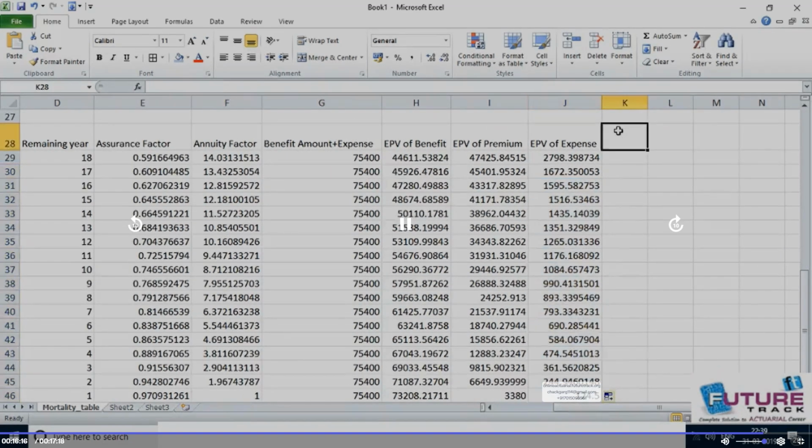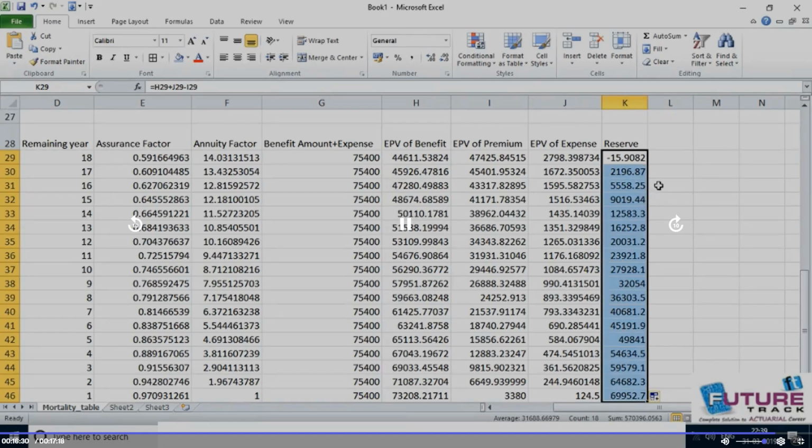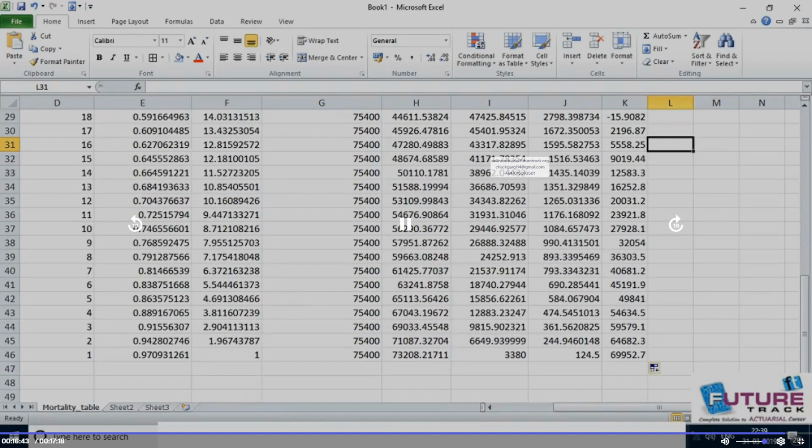Now my reserve equation is EPV of benefit plus EPV of expense minus EPV of premium. See, we get the negative reserve. That means we'll not put reserve at the beginning of the year, fine. So these are all my reserves at the end of each year for the policy, fine.